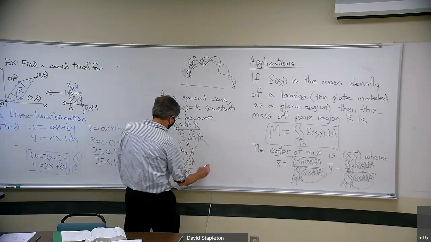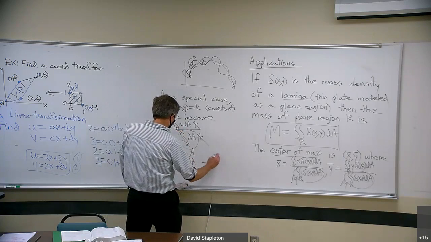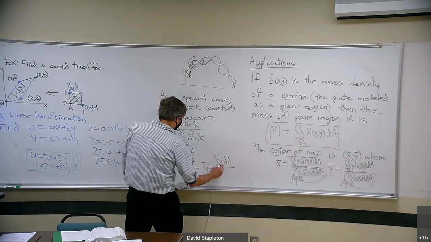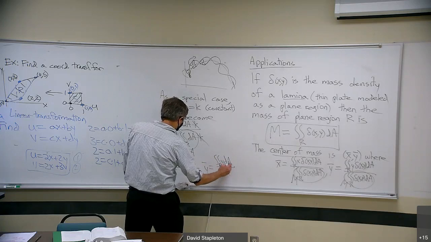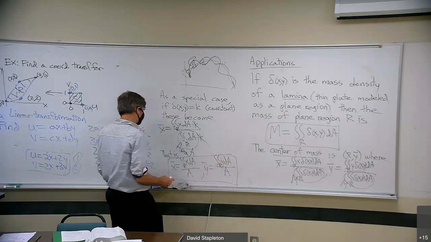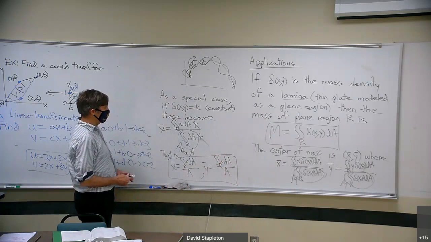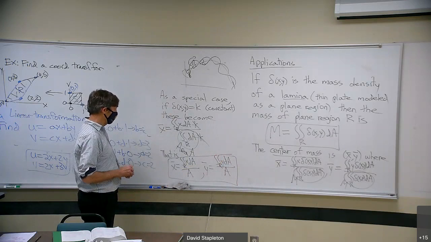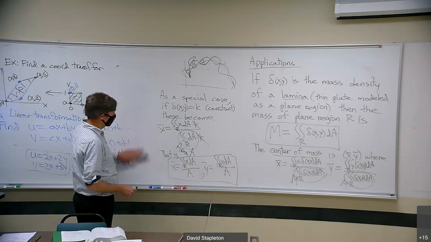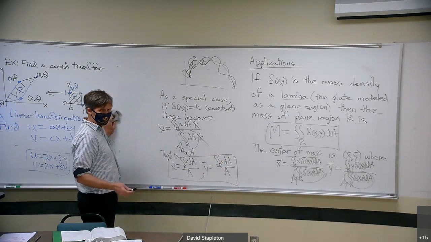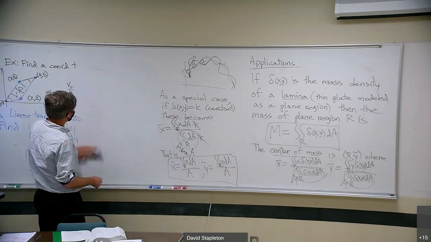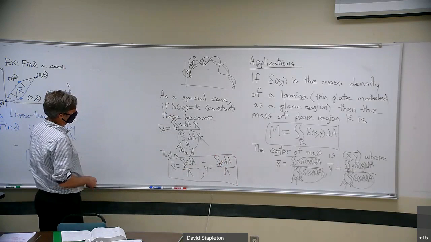And y bar similarly is the double integral of y dA over the region divided by the area. So the center of mass reduces to this in the special case of constant density, which is what a lot of things are, right? Pour a mold with molten metal, it probably settles uniformly, a uniformly dense object you cast.